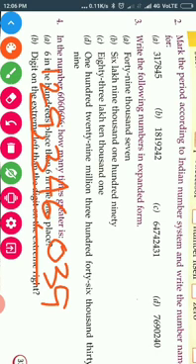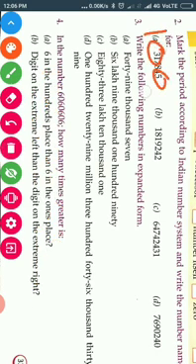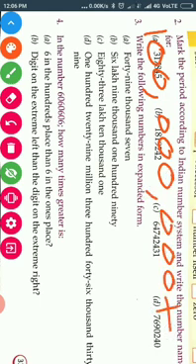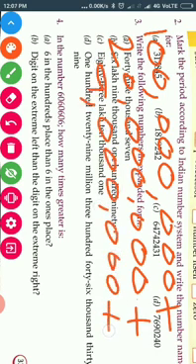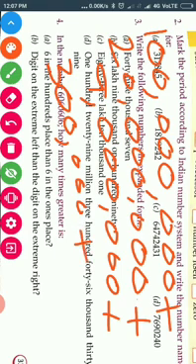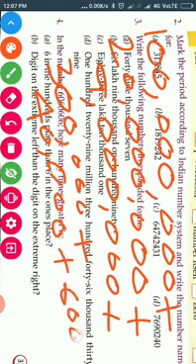So if we start to write, first we'll write 100 million plus 20 million plus 9 million plus 300,000 plus 40,000 plus 6,000 plus 30 plus 9.